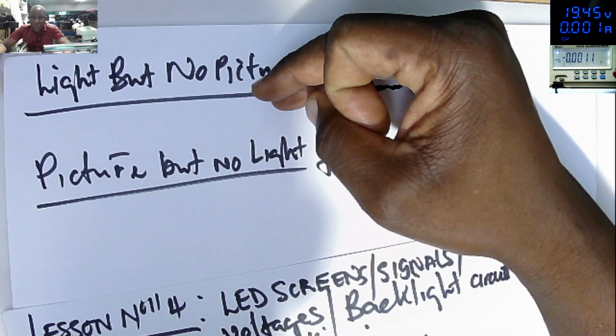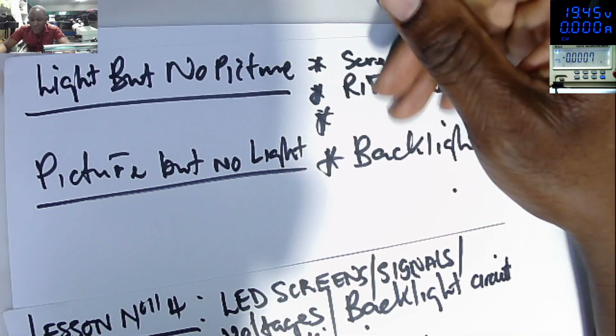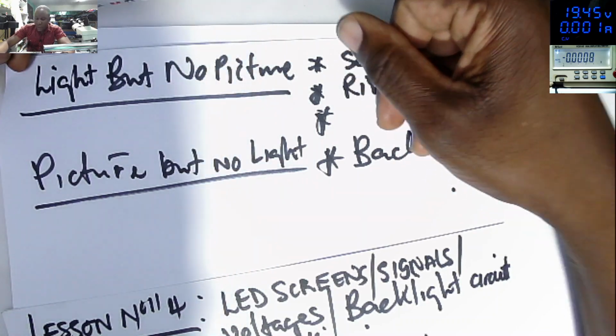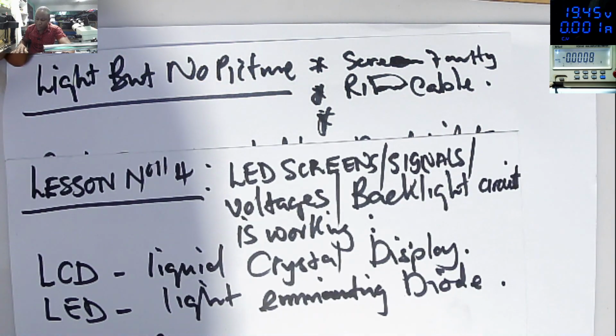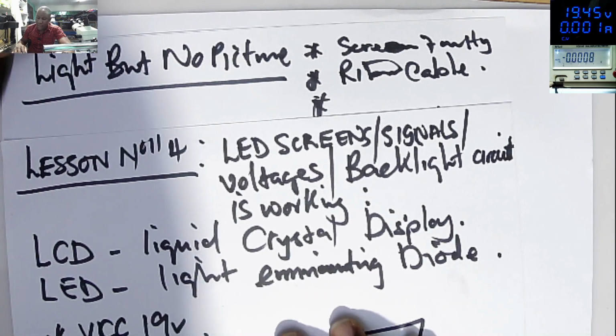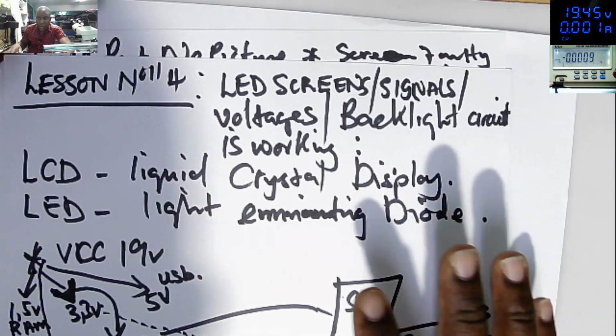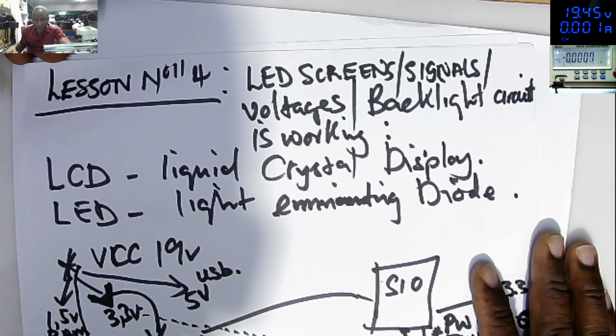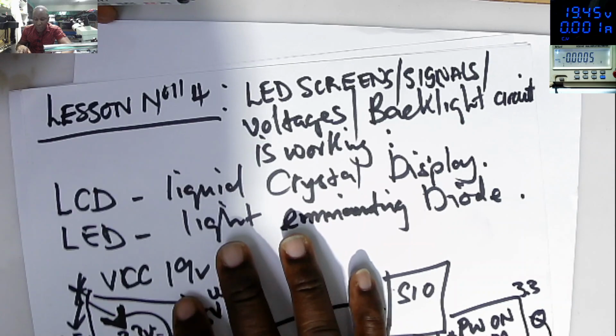You know, in electronics, anything is meant to die. But those are the major things which you have to check first. Okay? So that's how the screens are working.